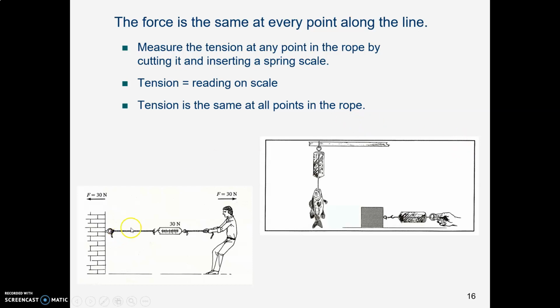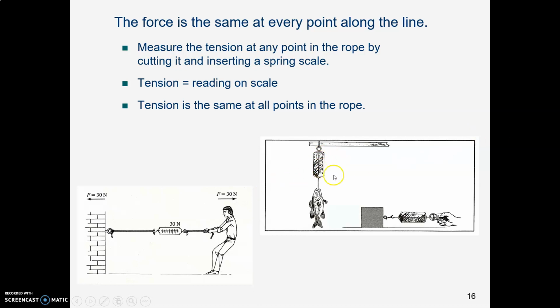Here's somebody pulling horizontally with a rope. Here's a weight pulling vertically. This is like, I don't know if you have these on the Filbert farm where I grew up. We had a big old brass one of these, and we used that for weighing sacks of filberts.